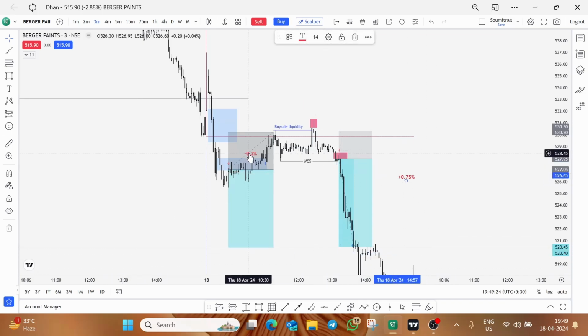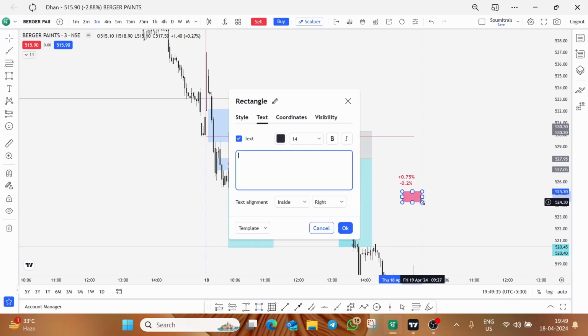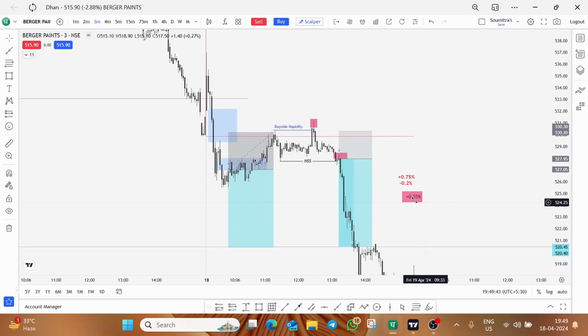So net is plus 0.75% minus 0.2%. That is how much? Plus 0.55%. So this was the net gain for the day. And this was the trade. Thank you.